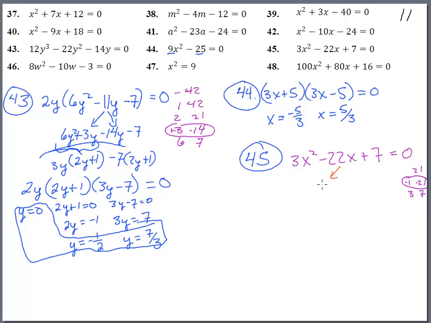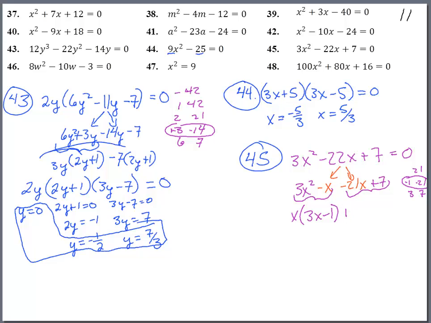So this came from a negative x and a negative 21x. Put the other terms there, 3x squared. So this minus 22x came from negative x and negative 21x. And then we now have 4 terms, so we can group, pull out an x, 3x minus 1, and here we can pull out a 7.